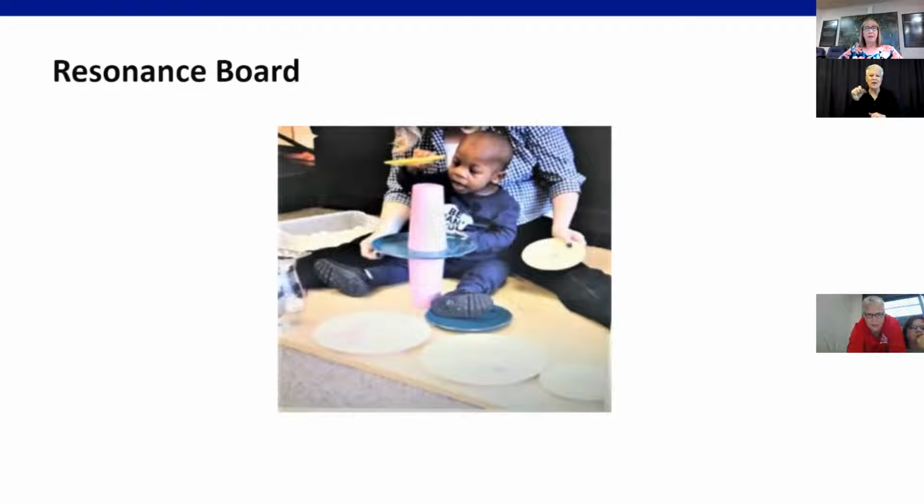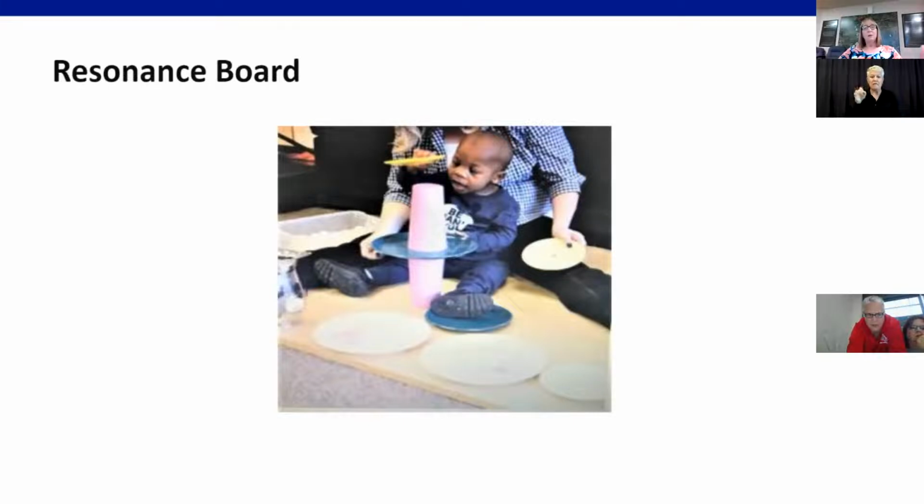This little guy is taking some plates, plastic plates is what it looks like, and stringing them onto a tube, kind of a post, kind of like a stacking ring, but he is using some real plates that have had holes cut in them. And he and his mom are sitting on this platform.